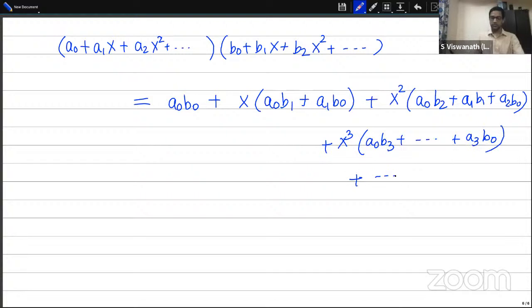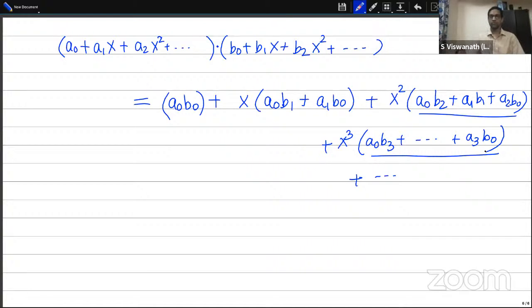Okay. Now, see what I've done on the right is actually just defined the product. If you give me two infinite sequences of A's and B's, I'm telling you how to form their so-called product, which is, if you want to say it's again an infinite sequence, then the elements of that sequence are A0, B0, then A0, B1 plus A1, B0, then the next one, and so on. So I'm telling you how each element of this sequence is formed.